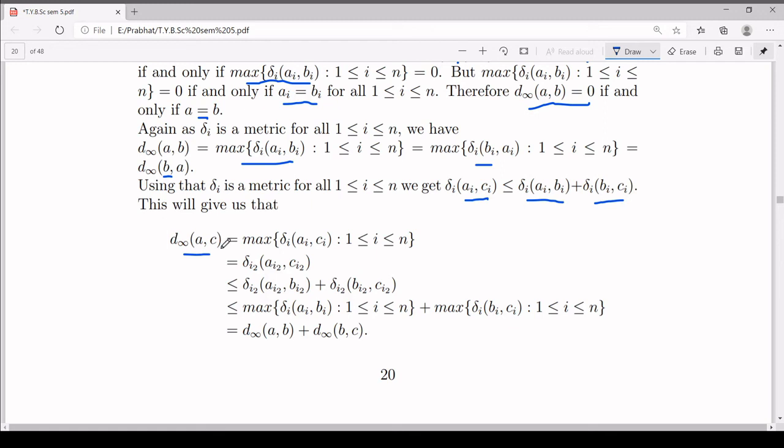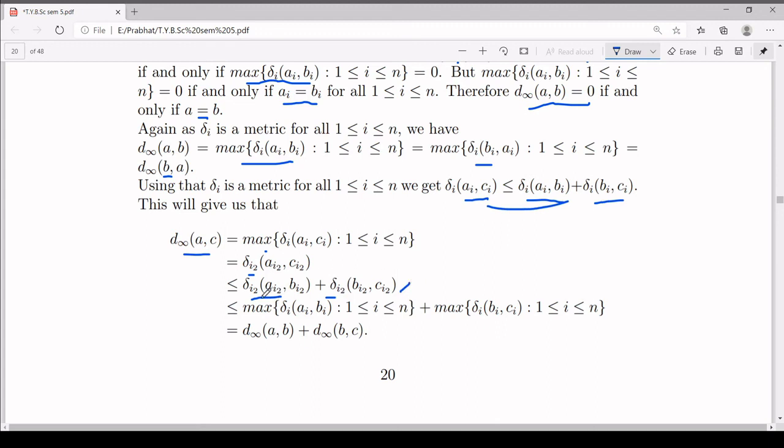So consider d infinity of AC, it is the maximum of delta_i(a_i, c_i), which we have already defined to be some delta_i2(a_i2, c_i2), where i2 is lying between 1 and n. This delta_i2(a_i2, c_i2) will be less than or equal to delta_i2(a_i2, b_i2) plus delta_i2(b_i2, c_i2). Using this fact, we get this step.